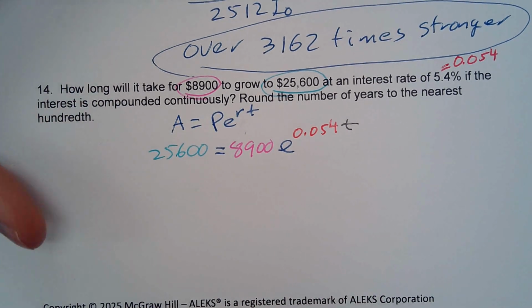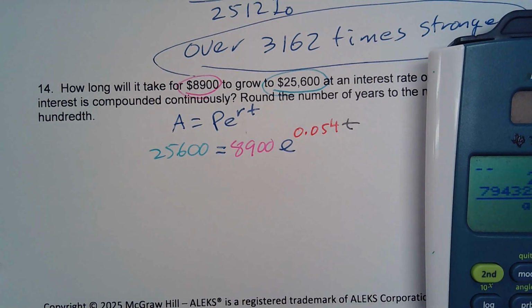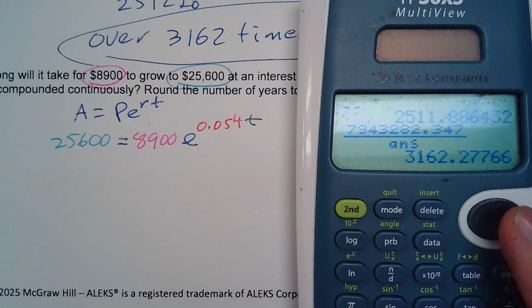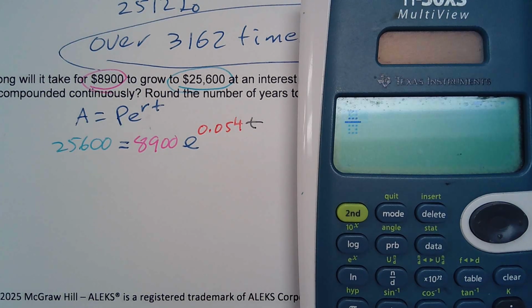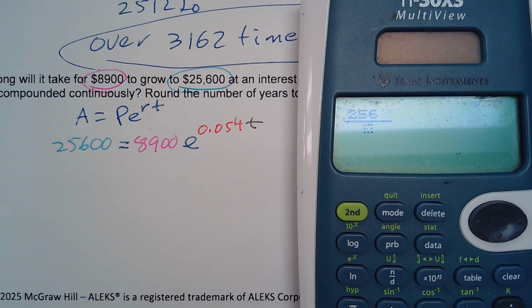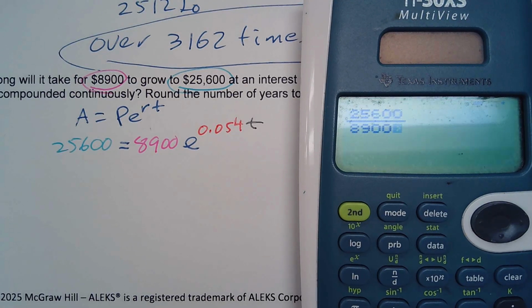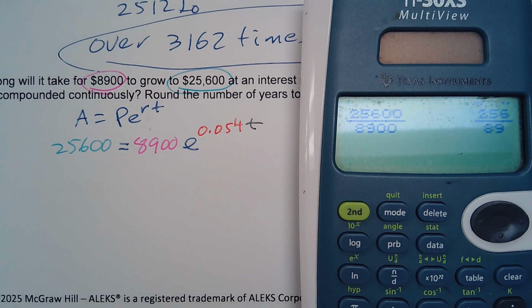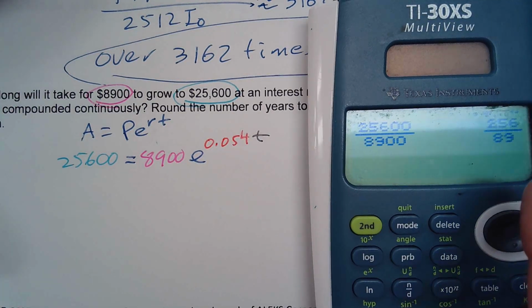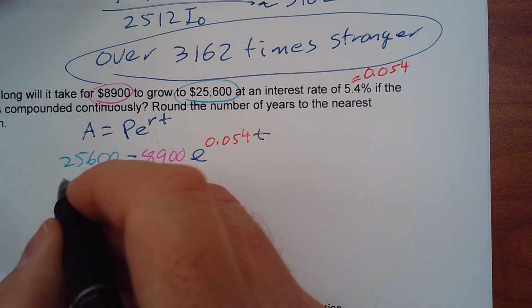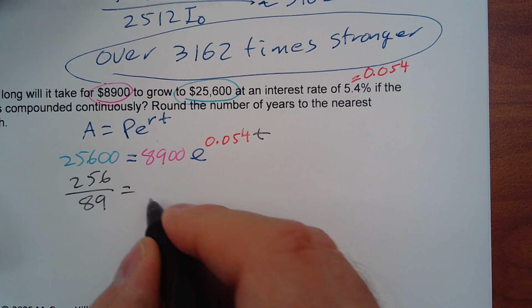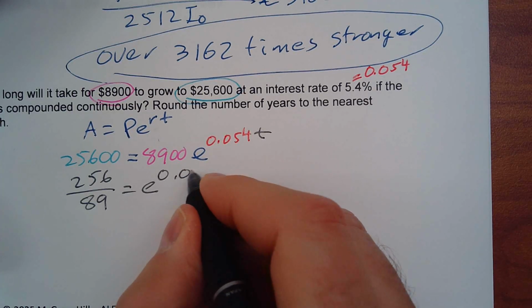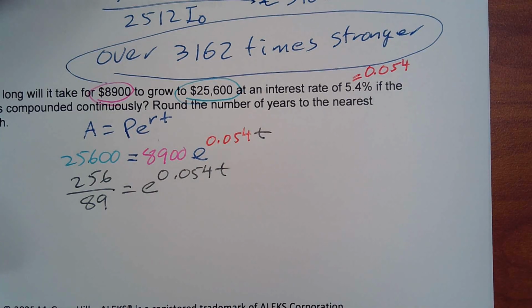So the first thing we're going to do is go ahead and divide both sides by the 8,900 because I've got to get that e by itself. Got to get that exponential by itself. So that'd be 256 over 89 equals e to the 0.054t.